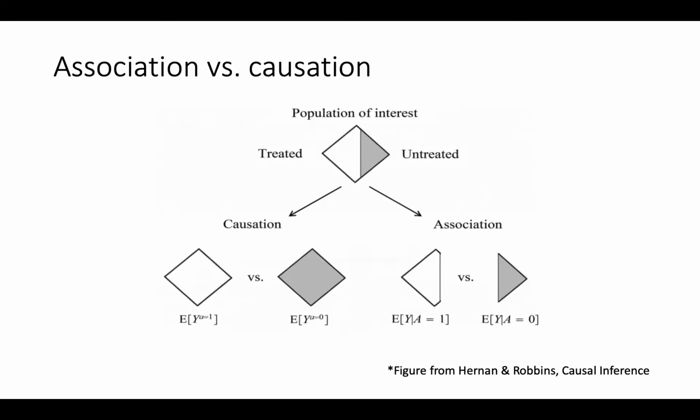And again, just to summarize what I mentioned about causal inference, we observe the treated and the untreated. These are the quantities that we can compute, but these are the quantities we would like to compute: everybody treated and everybody not treated, and then we contrast those.